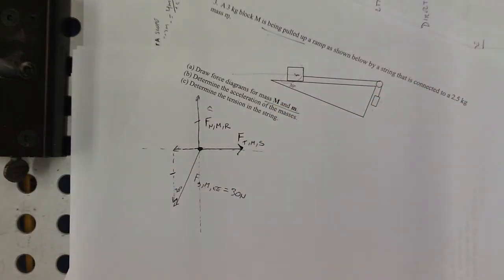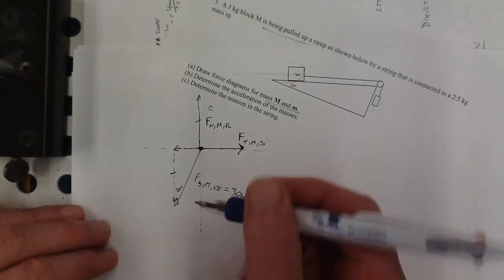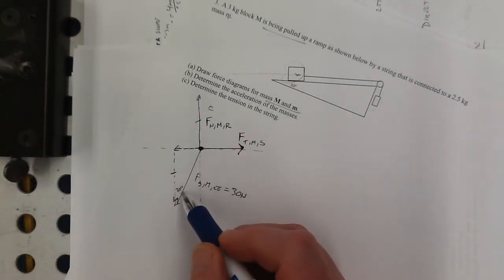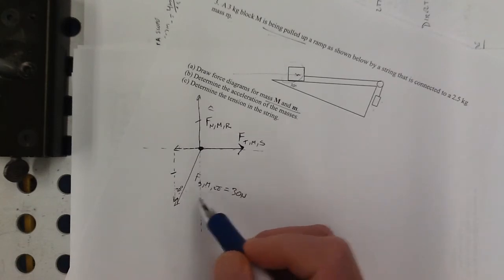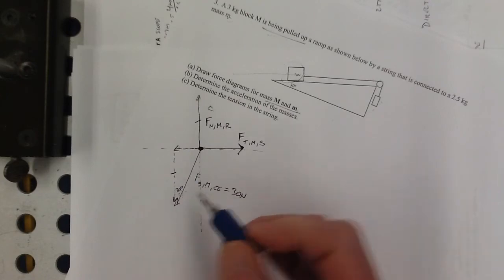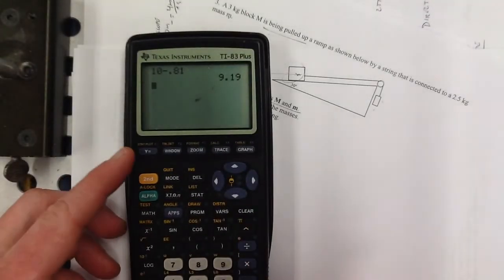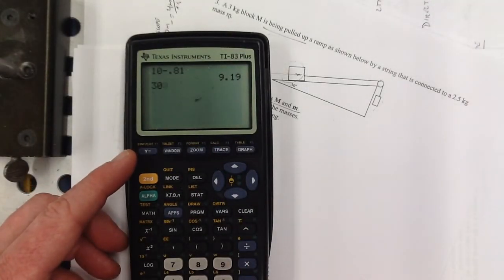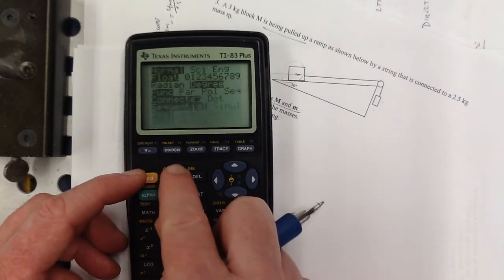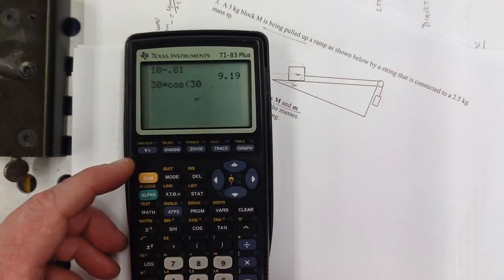All right. Now, here's the thing. I can do a little bit of trigonometry here. I know that this is the side that is adjacent to the 30. So 30, that's the mass of the block, times the cosine of 30. Just going to make sure that I'm in degree mode. I am.